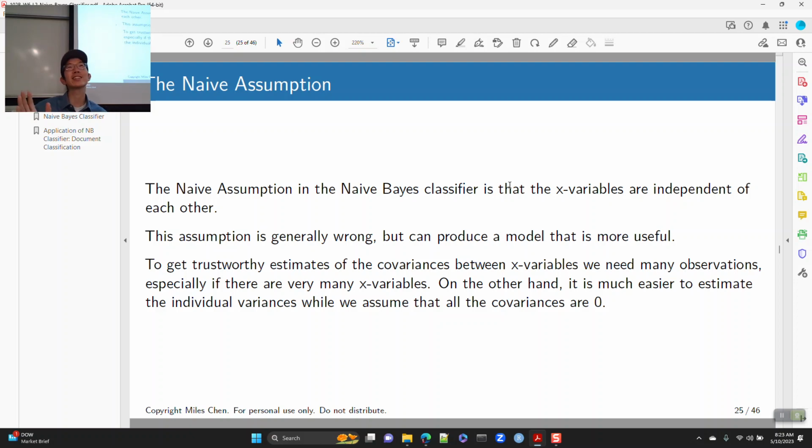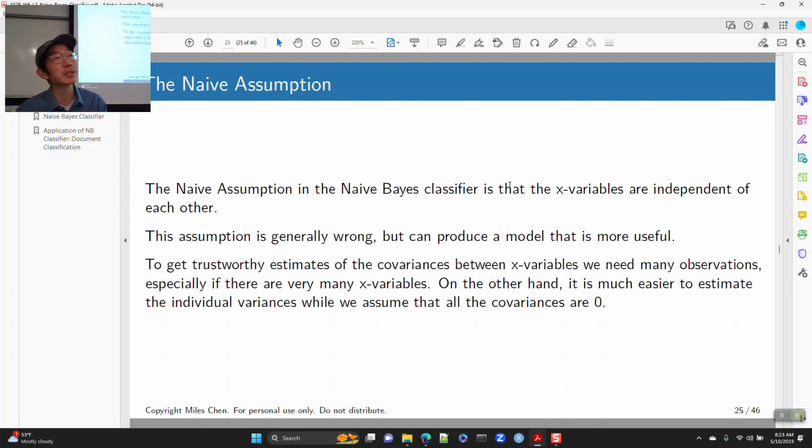So let's say you have like 10 different classes, class A, B, C. You have to get variance estimates for all of your x variables for all of the different classes, and then you would have to get covariance estimates for all possible covariances for all possible classes, and you might not have enough data to get accurate values for each of these things, and so you could end up, especially if there's a weird fluke in your data, it could really throw things off too.